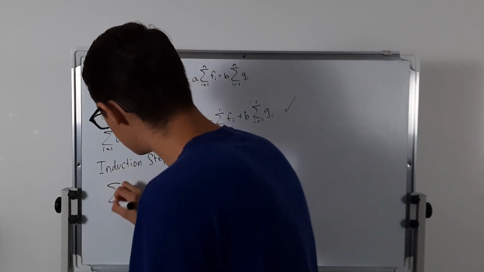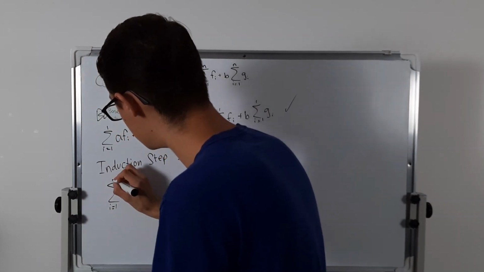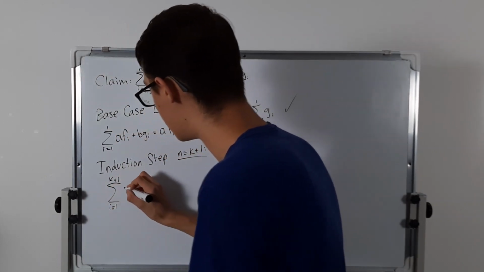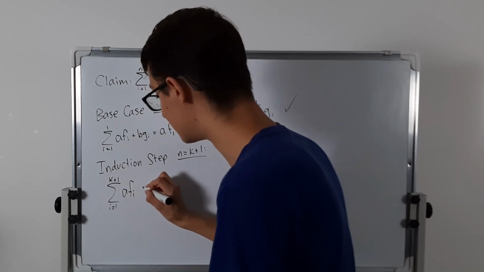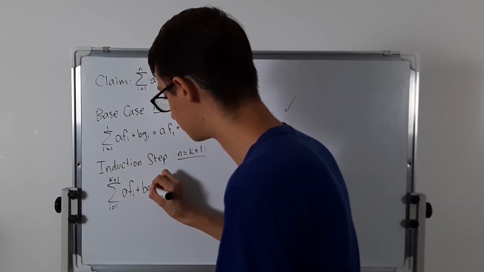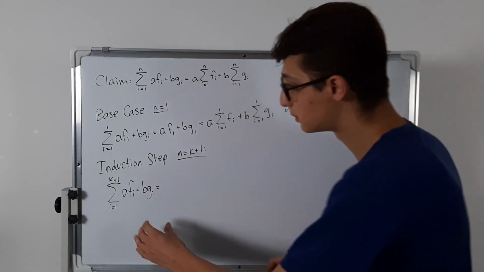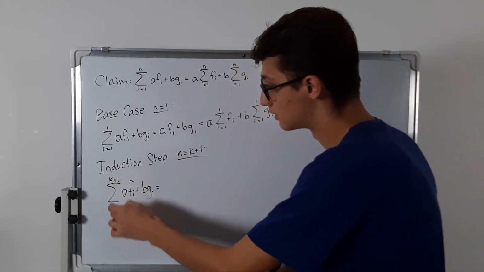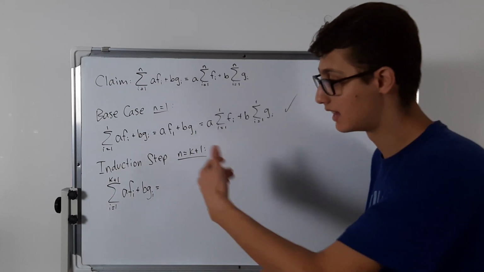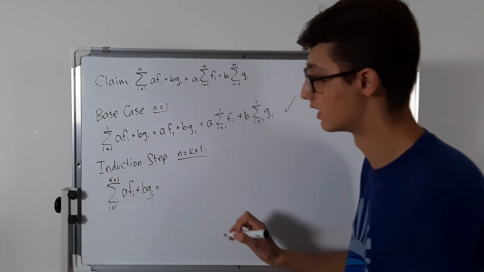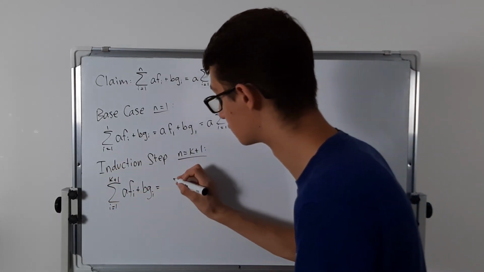So the sum here from I equals 1 to k plus 1 of AFI plus BGI. So what's this going to be? Well, we can split this up into the sum from 1 to k and then plus just the term evaluated at k plus 1.